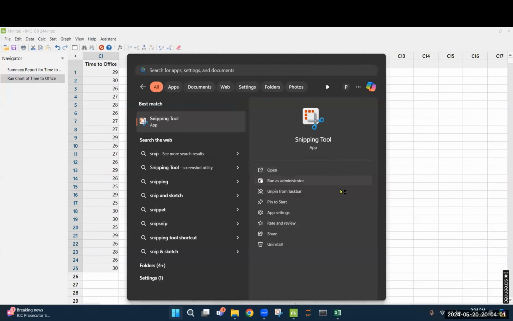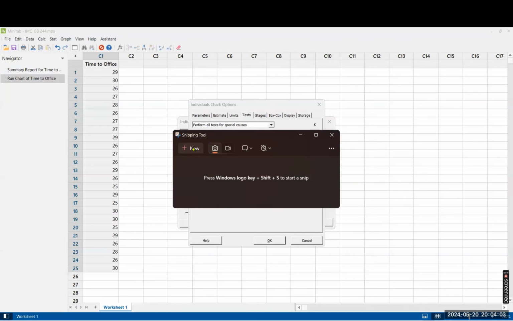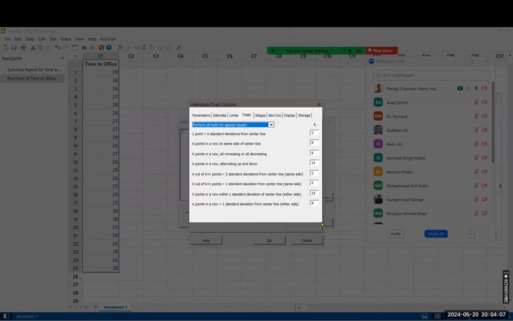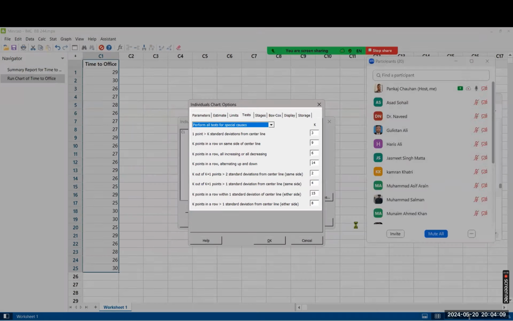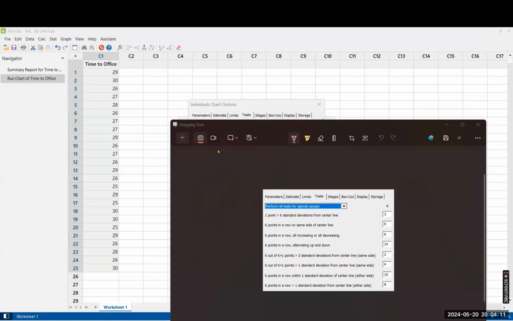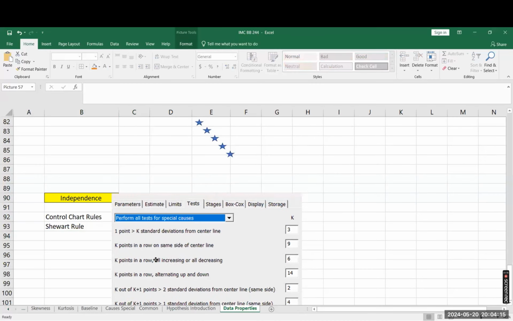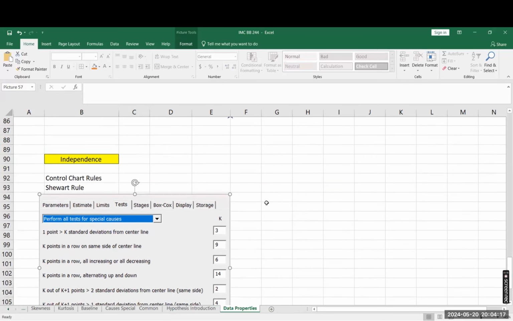Let me copy and paste these rules for your reference. So these are the 8 rules which we need to follow in the I-chart.